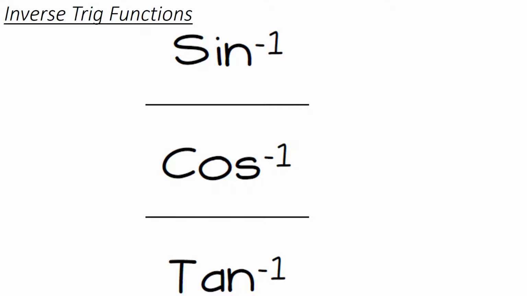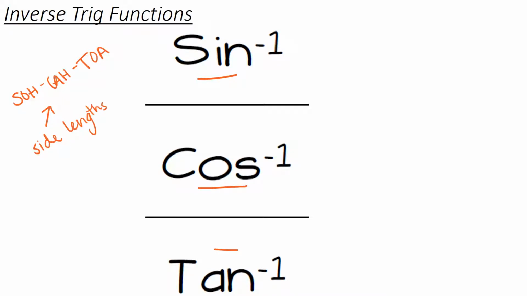We're going to have three main inverse trig functions. The first one is sine inverse, the second is cosine inverse, and the third is tan inverse. You're still going to focus on SOHCAHTOA, which is still going to aid us in solving these problems. But SOHCAHTOA directly would help us find side lengths.